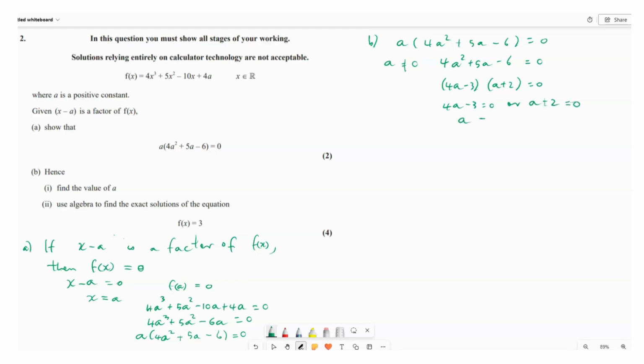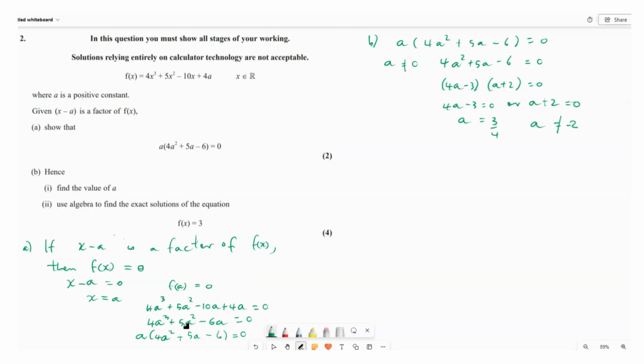So a is 3 over 4, or a is minus 2. Now minus 2 would not be an answer because you were told that a is a positive constant, so it means that a is 3/4.